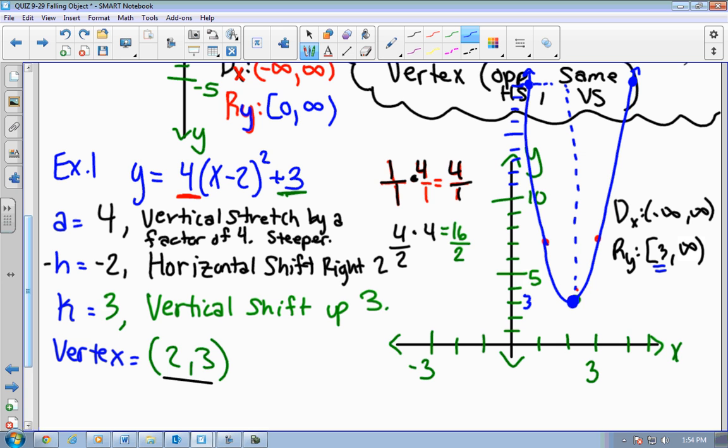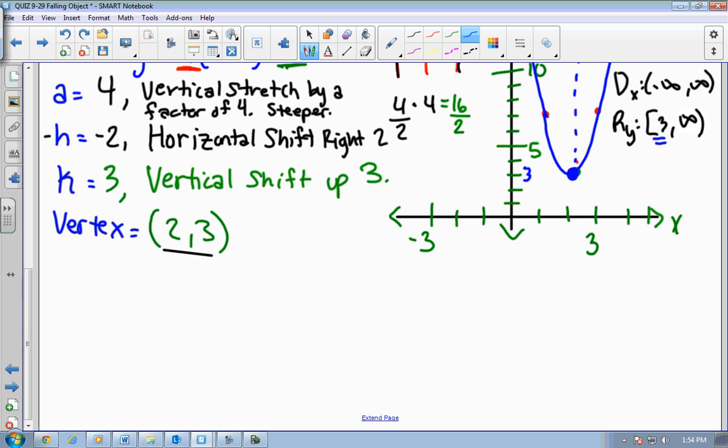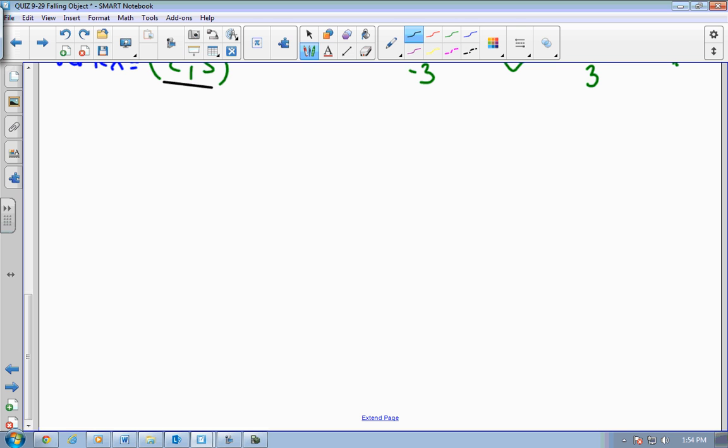Okay, let's try our second example. We have a quiz next time on this. Hint, hint, hint. We have a quiz next time on this. Okay, example 2.